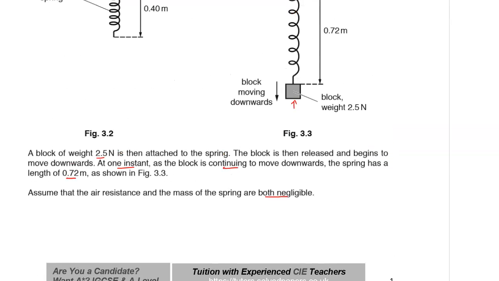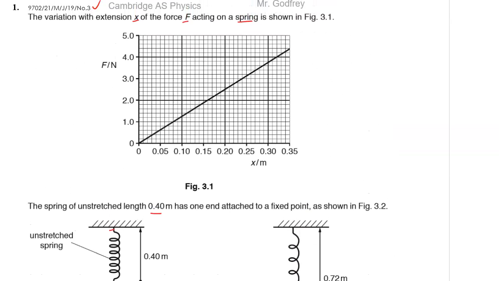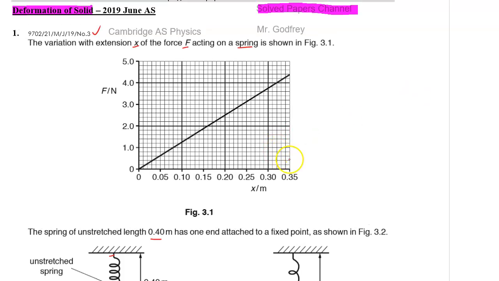So you come to the graph here at an extension of 0.32. Of course, you need to get the scale correct. This is 0.35, so this should be 0.31, 0.32, 0.33, 0.34, 0.35. So it is around here, that point.